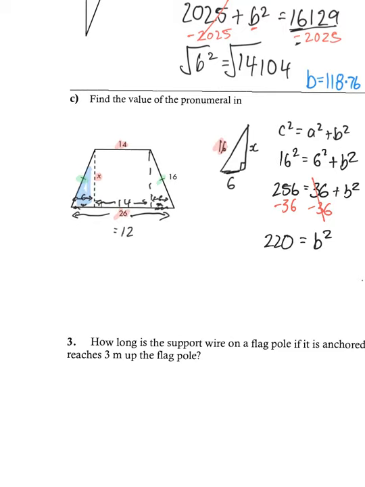And then to get b by itself, make sure we square root both sides. So b is going to equal the square root of 220, and the value I've got is 14.83 to 2 decimal places. Again, making sure our question wasn't in meters or centimeters or millimeters. It isn't, so we can just keep the answer as 14.83.